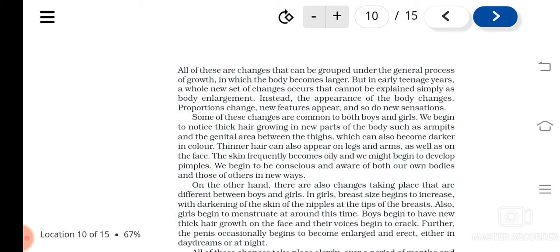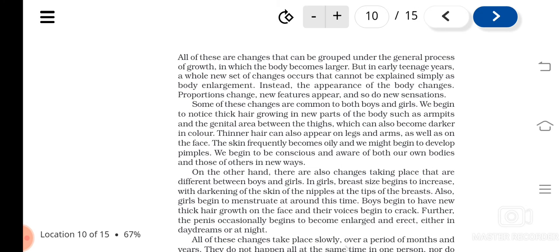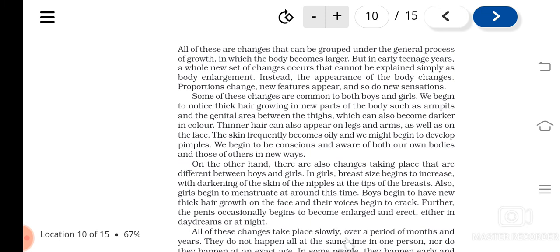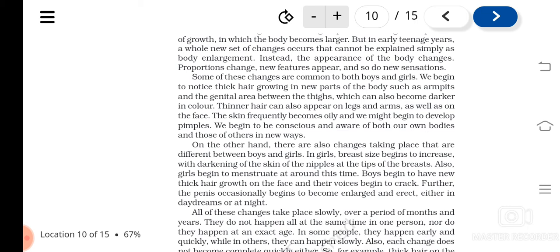You can notice hair growth, the skin becomes oily, and pimples come. Persons become conscious and aware of their own bodies and of others' bodies.